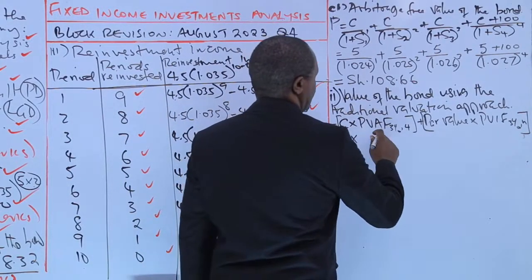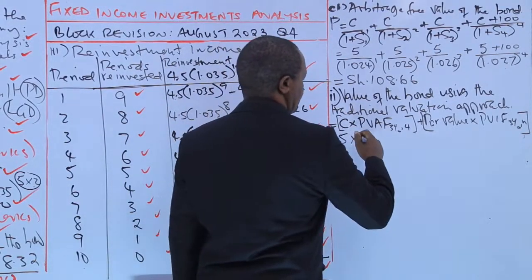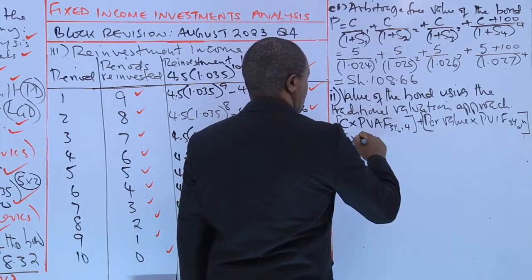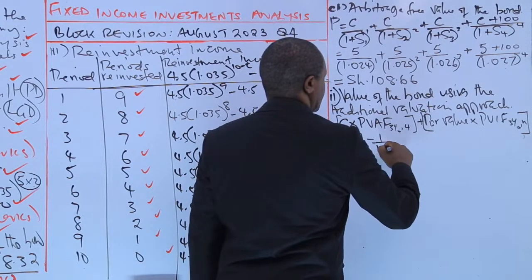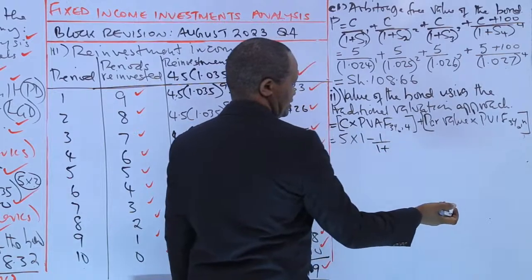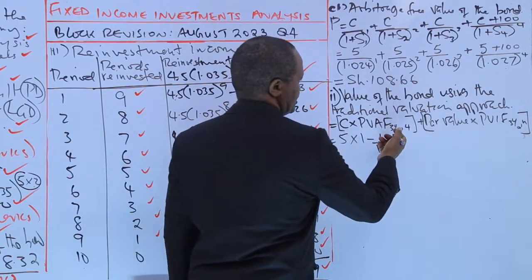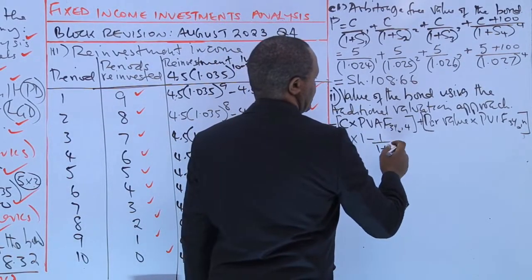We multiply by this factor. This factor, we get it by this formula, 1 minus 1 over 1 plus R, which is 3%.